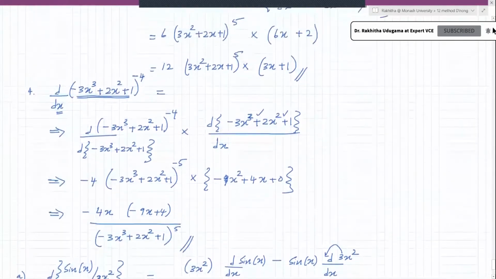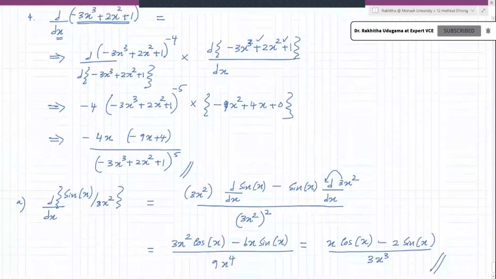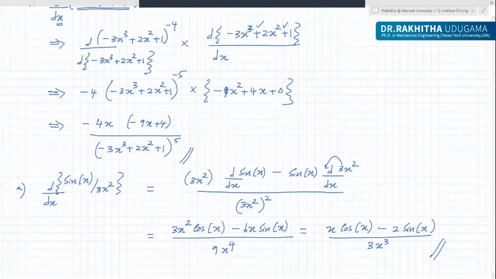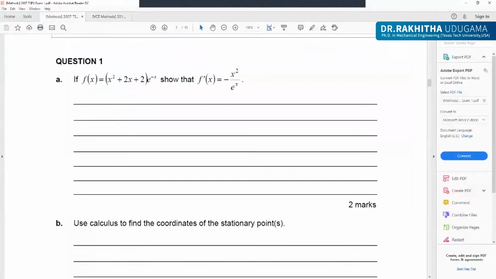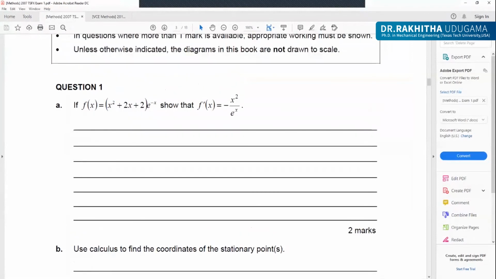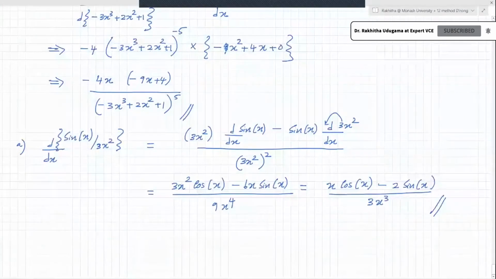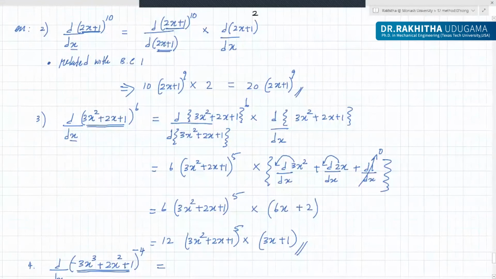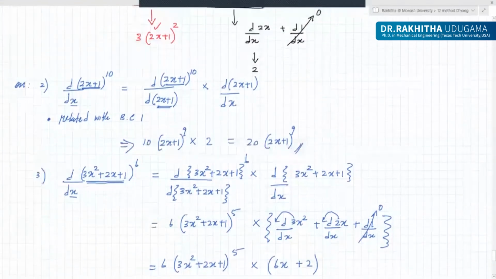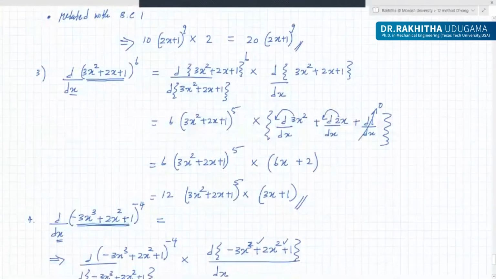Now, let me see the other question. Yeah, this also you have to have the second base case. That's fine. So I hope so far so good. Clear? Any questions?